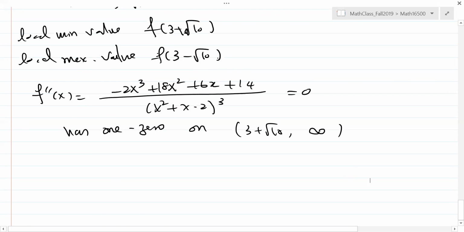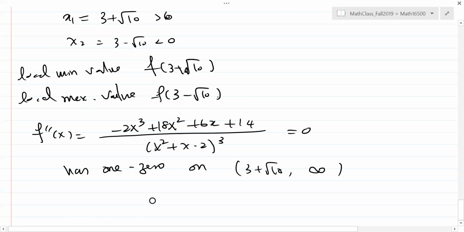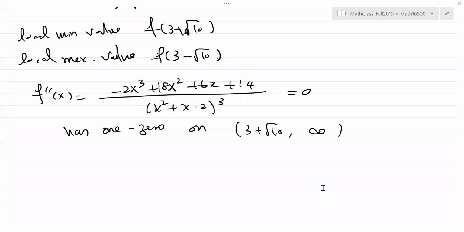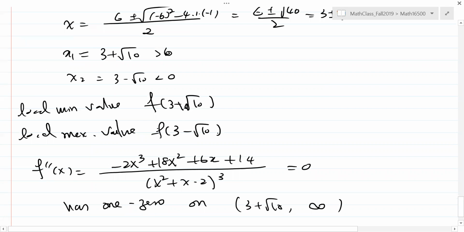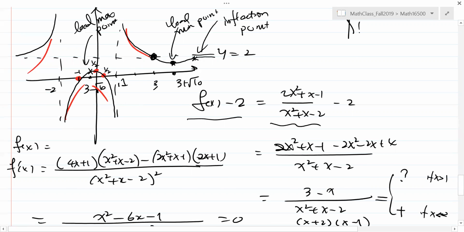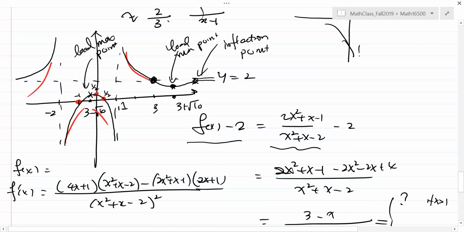Yeah, you can try some integers. This should be larger than, you see, the inflection point is here, larger than the local minimum point.